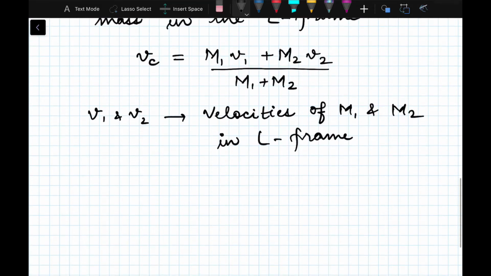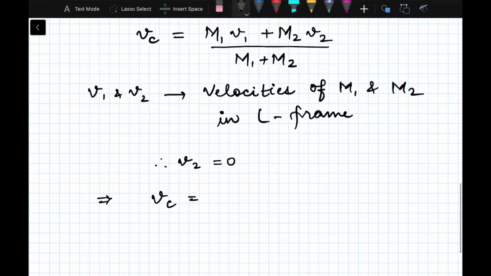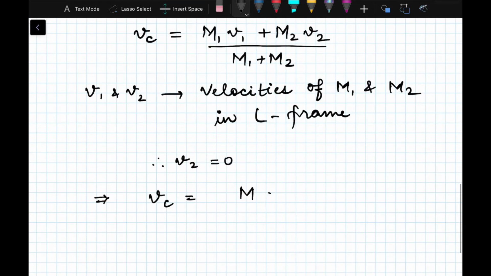Now since m2 is at rest, therefore v2 is equal to 0. Therefore our Vc becomes m1 v1 over m1 plus m2.